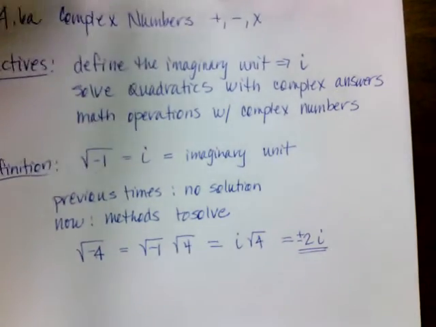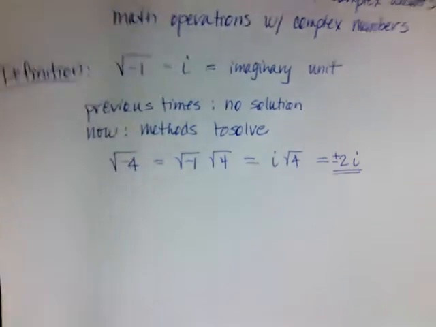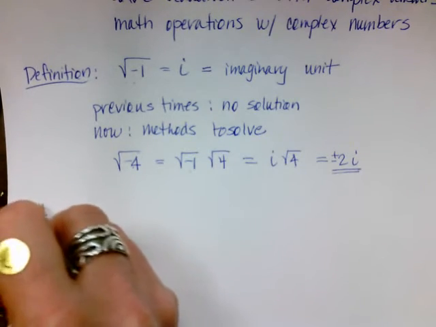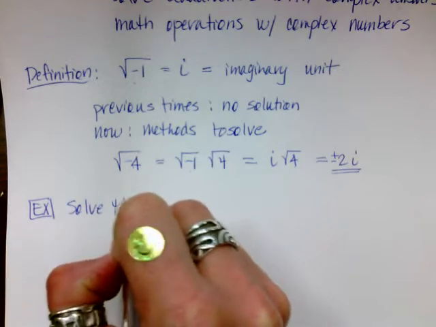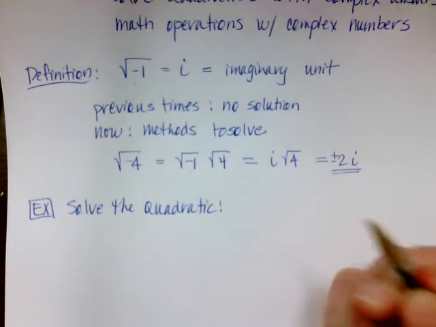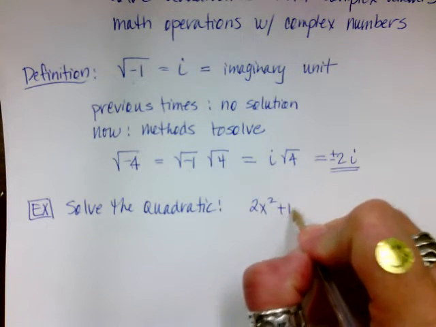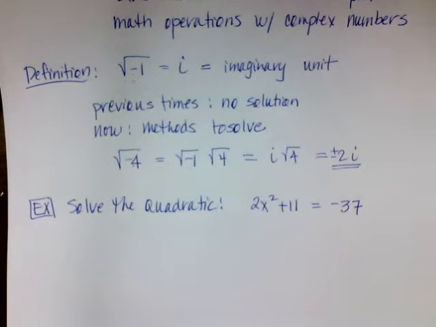Okay? So let's do a couple of quick examples using our square root of a negative number. So let's do an example that asks you to solve the quadratic. All right, so I'm going to give you a quadratic equation: 2x squared plus 11 is equal to -37. So that's going to be our first example.